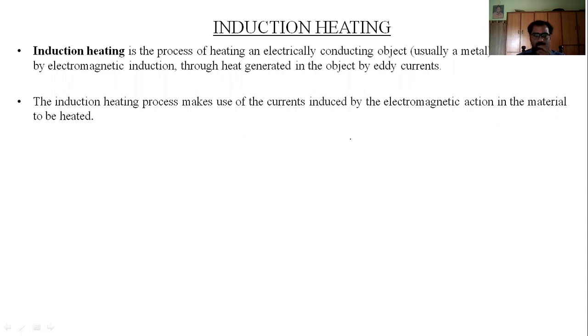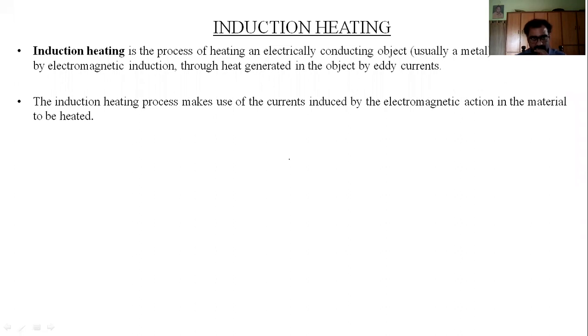Okay, let's have a small explanation. Suppose capital V is the supply voltage induced in the charge. Whatever material you want to heat, I have considered it as the charge. So the voltage induced in the charge is V, and the resistance of the charge is taken as capital R. Then how much heat can be produced?